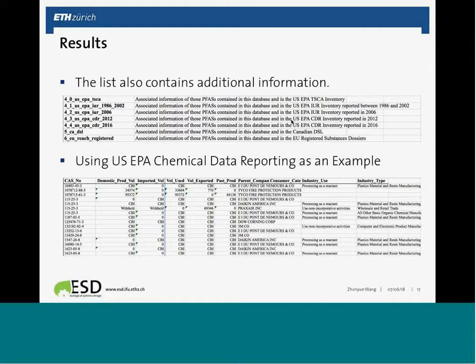But additionally, they sometimes also tell you who produced the substance and how these substances are being used, for example as reactants or in non-incorporative activities. So this could encourage you to not only look at the list of these 4,700 substances, but also look into this additional information.